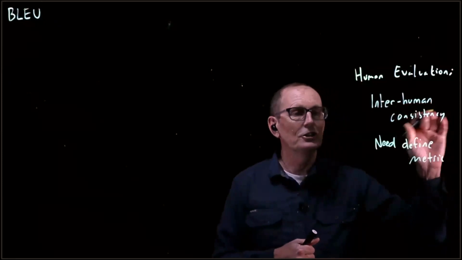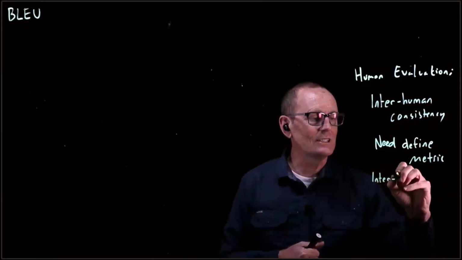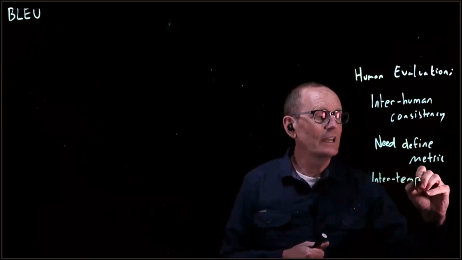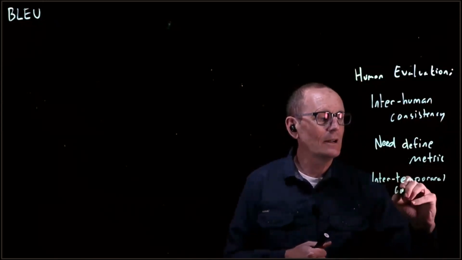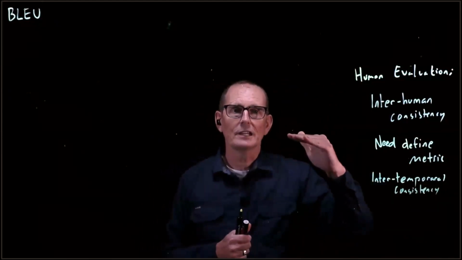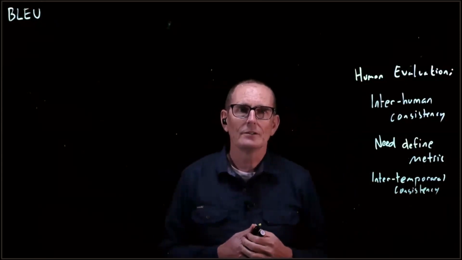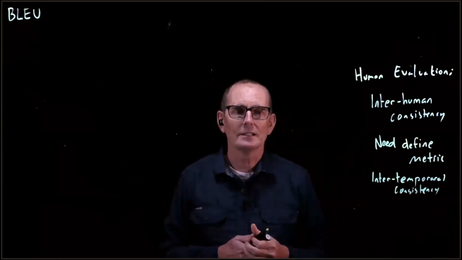As well as interhuman consistency, we might have intertemporal consistency. That is, a given human might rate a particular translation differently on Monday than they do on Thursday. All right? So if you do it again, you might get slightly different results.